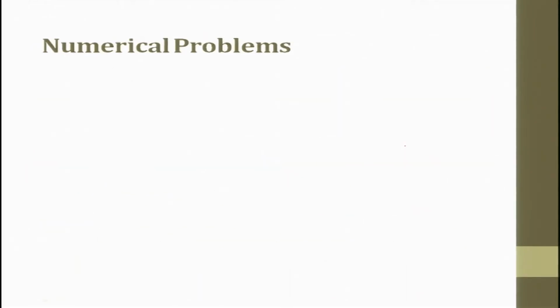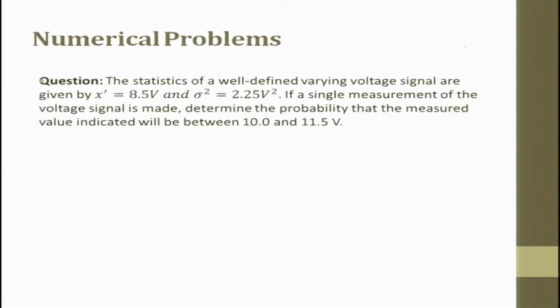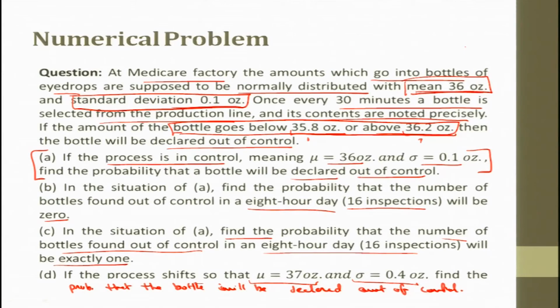I have the mean as 36 ounce and the standard deviation as 0.1 ounce. I have the values of x, the lower bound and upper bound, as 35.8 ounce and 36.2 ounce.